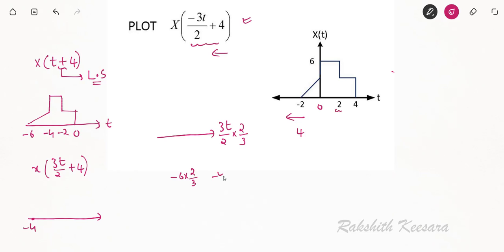Minus 4 will be converted into minus 8 by 3, minus 2 into minus 4 by 3, and 0 into 0. So this will be my signal here.